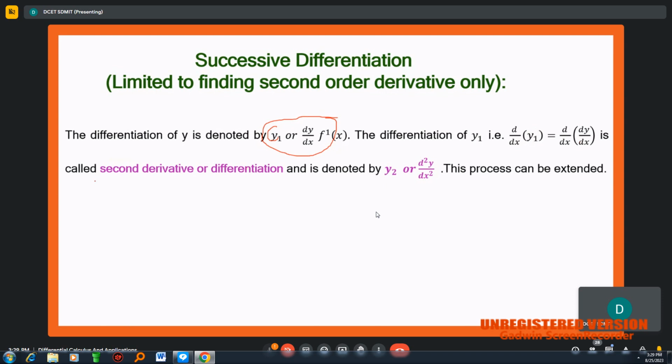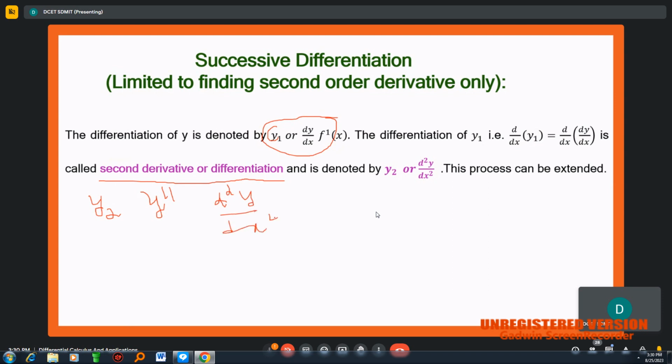It is called the second derivative, and it is denoted by y suffix 2, or we can write it in the form of y double dash, or in the form of d square y by dx square.